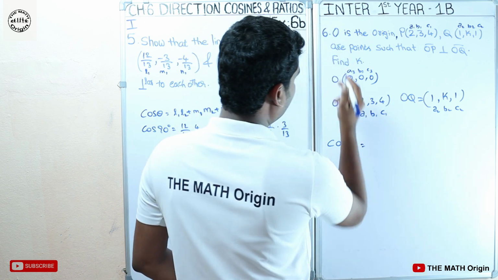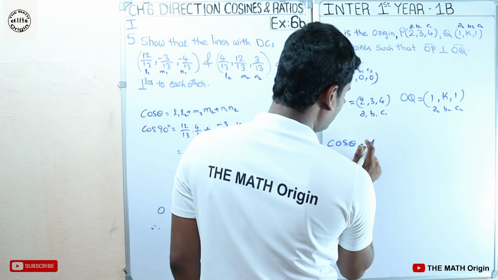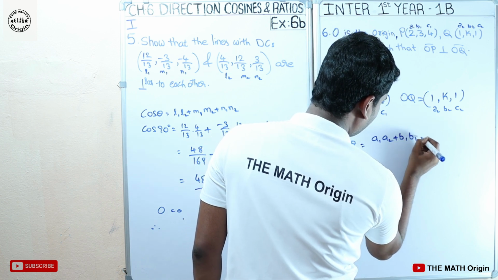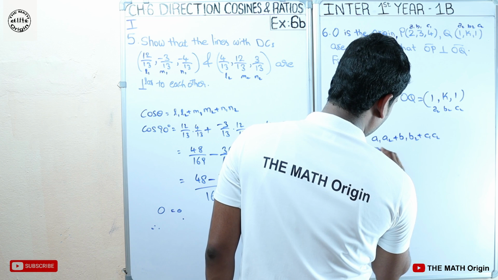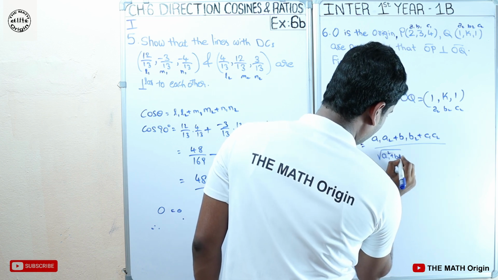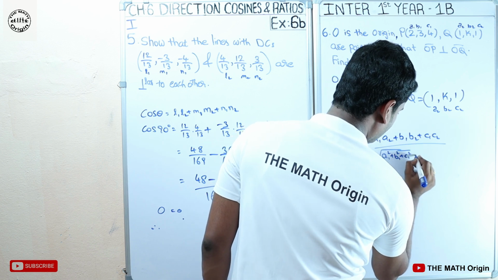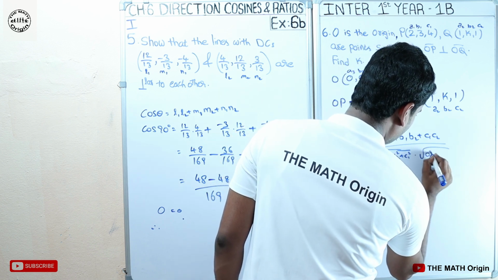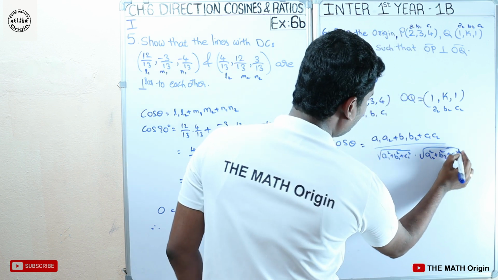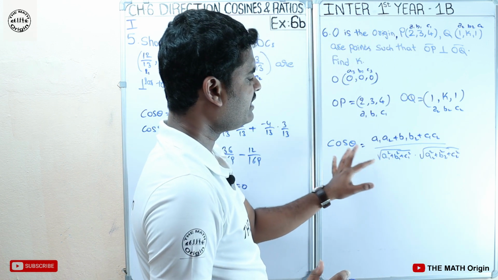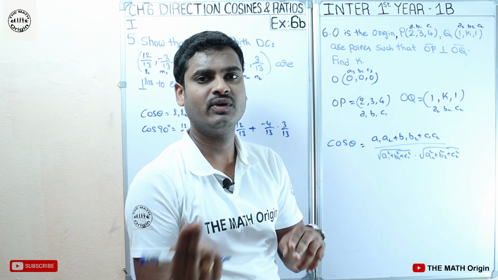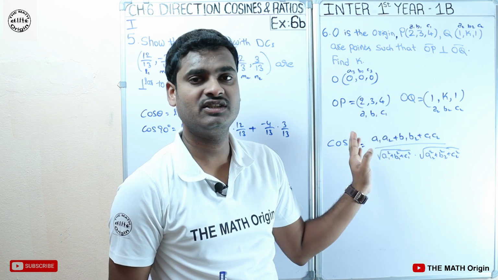In our fourth problem we did the same: cos theta equals A1 A2 plus B1 B2 plus C1 C2 by root of A1 square plus B1 square plus C1 square into root of A2 square plus B2 square plus C2 square. This is the actual formula to find the angle between two lines with direction ratios.